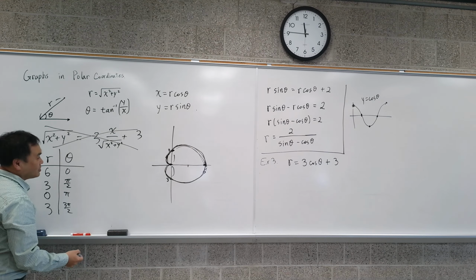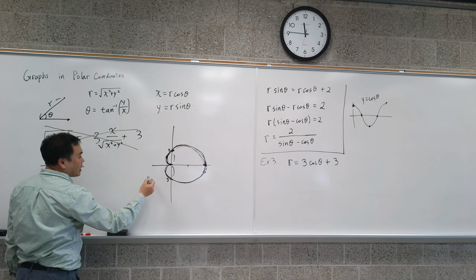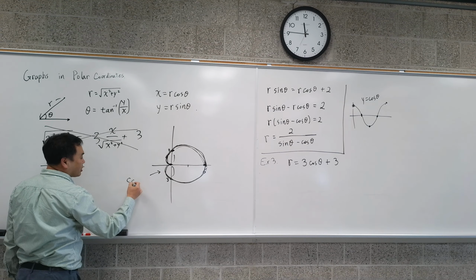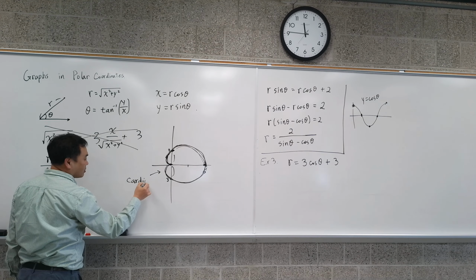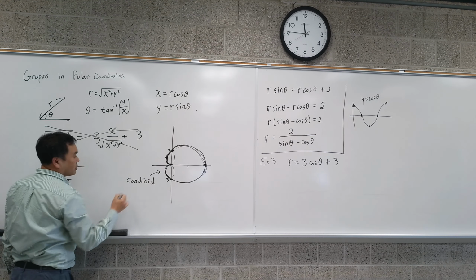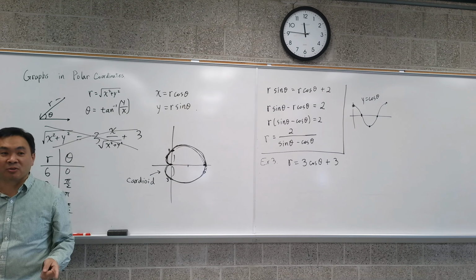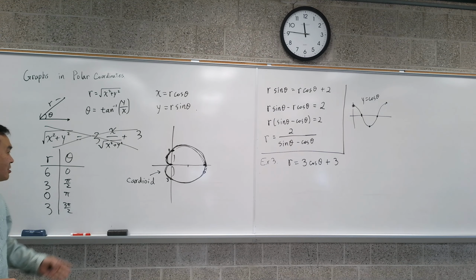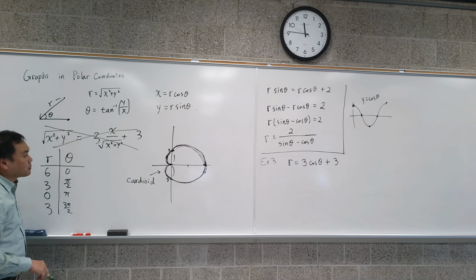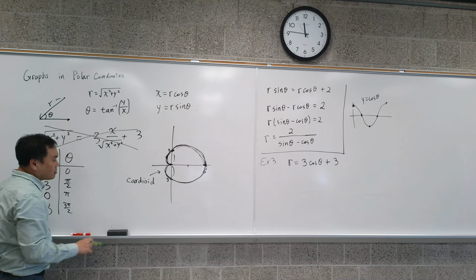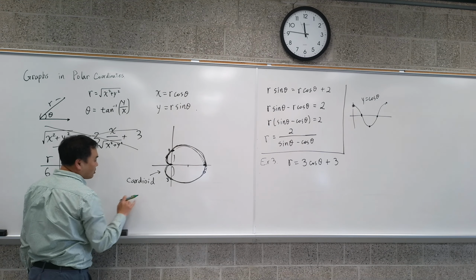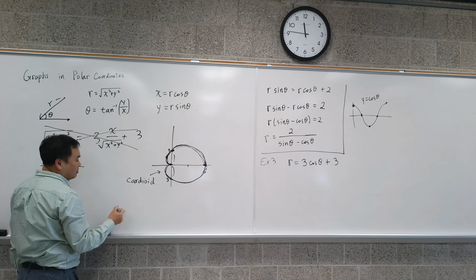And there's a name for this curve. It's called cardioid, because if you turn this around, it looks like a heart shape, right? Not a good one, but somewhat of a heart shape. And this is something that you can see on microphones.